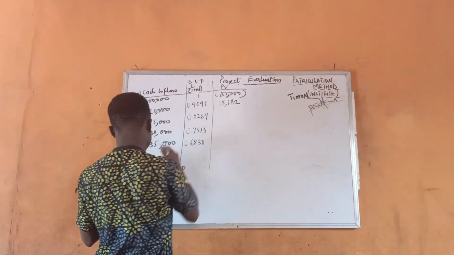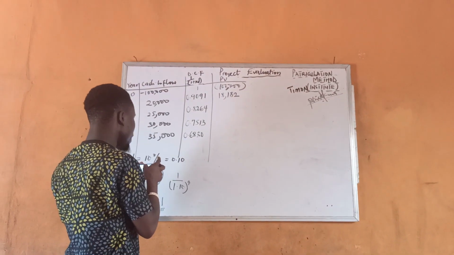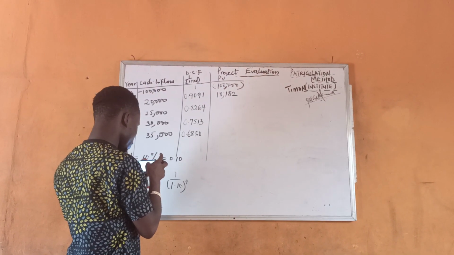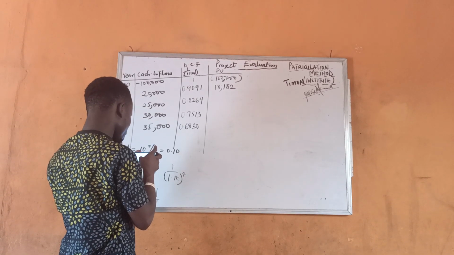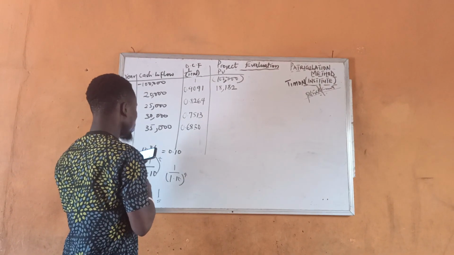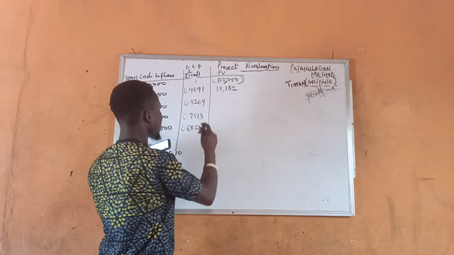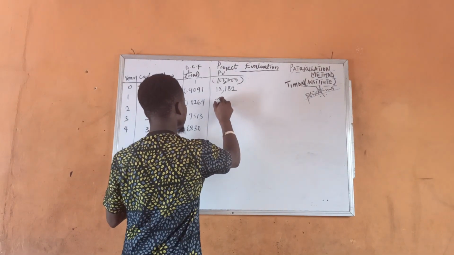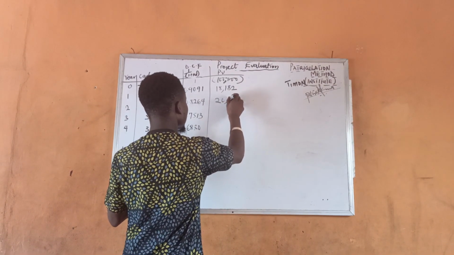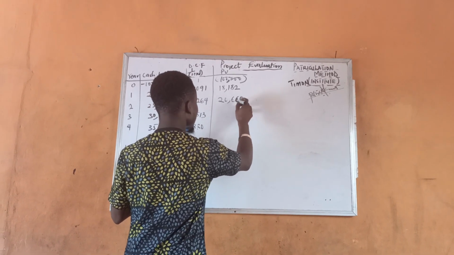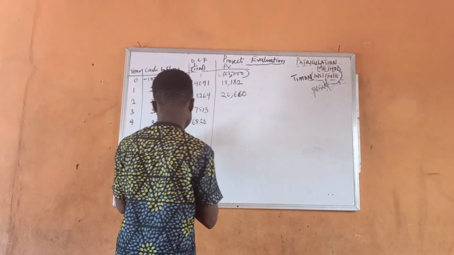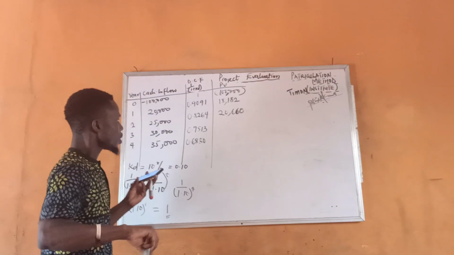I'll do the same thing here. 0.8264 multiplied by 25,000. I'll have 20,660. 20,660 naira for the second year.